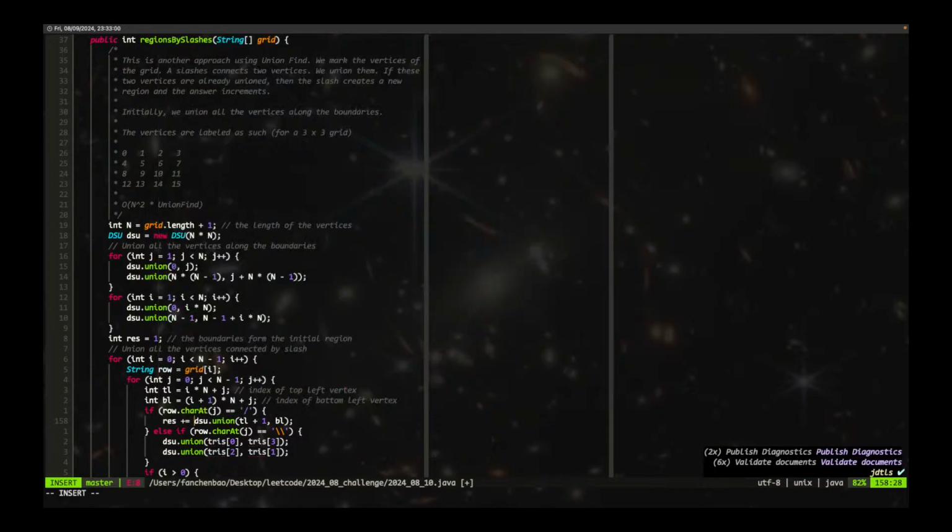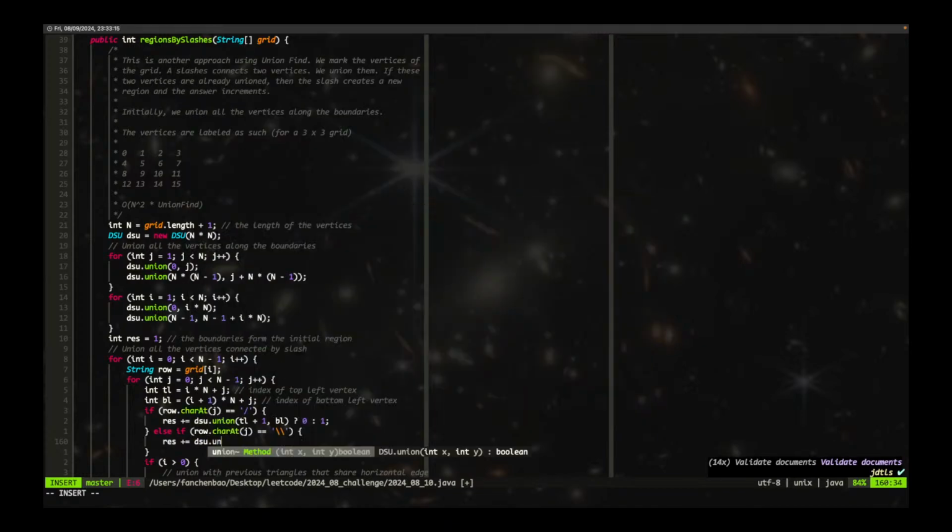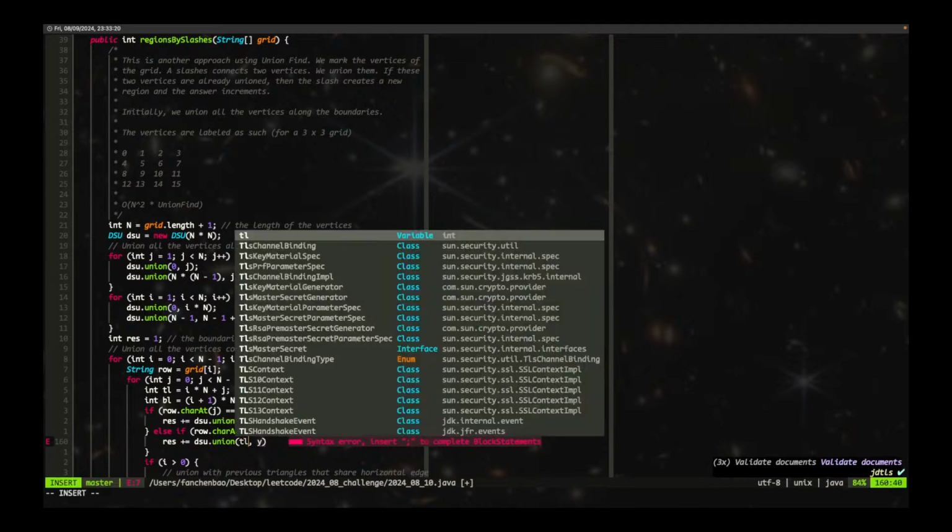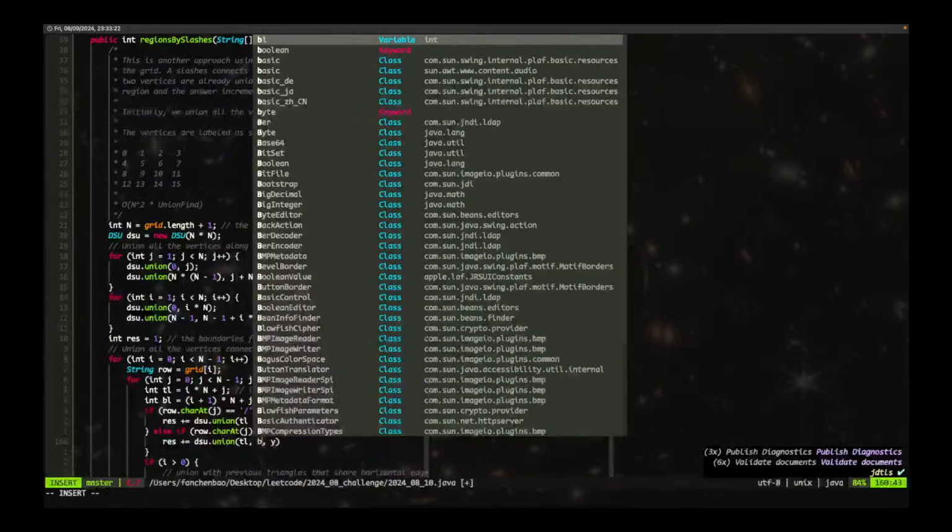Rest plus equal to. It is true. True is 0, otherwise it's 1. Okay, so it's a right slash. It's gonna be top left, bottom left plus 1.